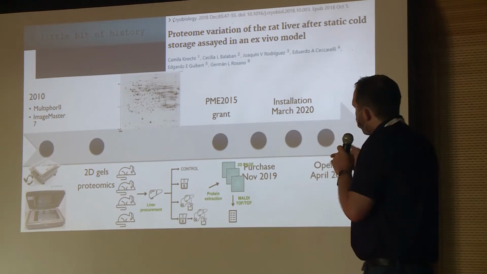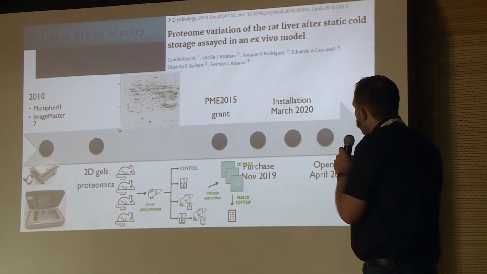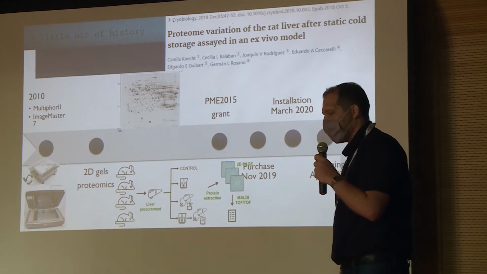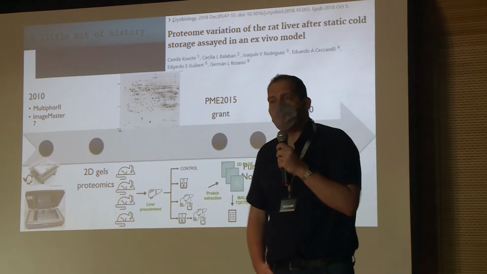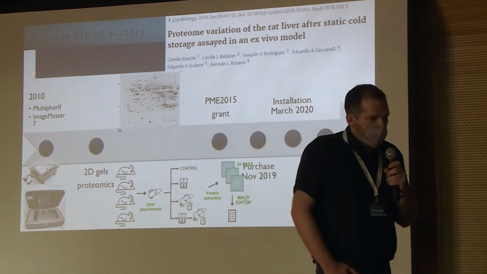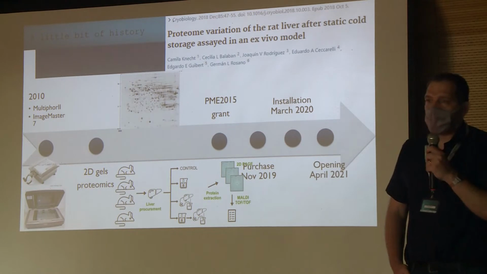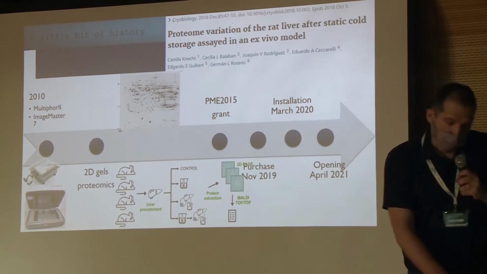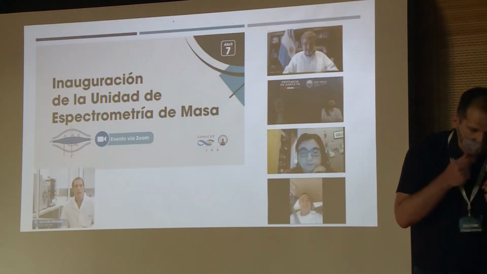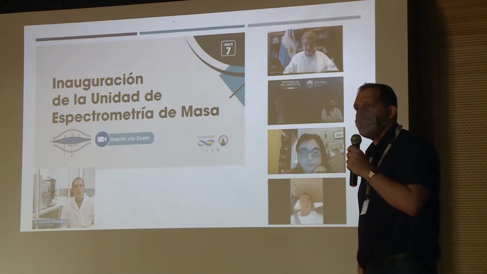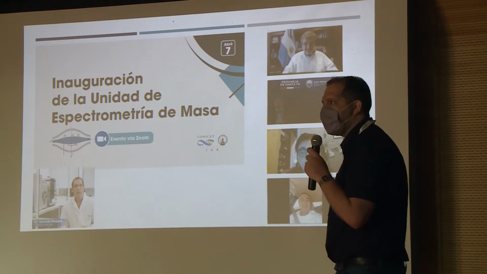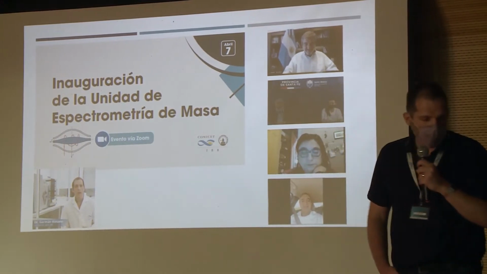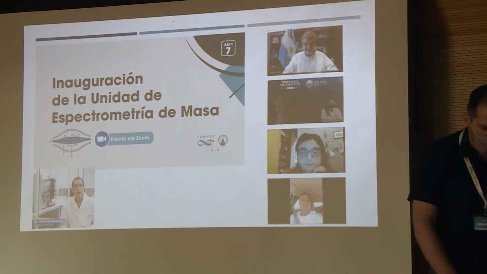So, when we could start working at the IBR again, we started working with the Orbitrap and getting beautiful results. And the mass spectrometry unit was finally opened in April of this year, 2021. We had a virtual inauguration where a lot of authorities from the province and from the country were present, including the Minister of Science at that time and the director of CONICET.